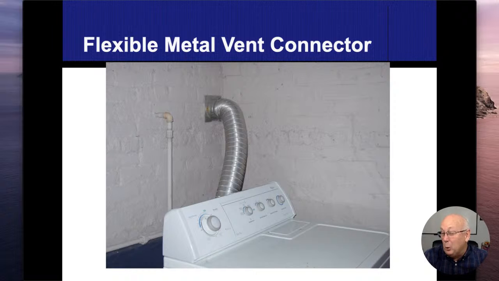So I think I'm in the minority with it. But again, we're all entitled to our own opinions. The foil ones, they are UL listed, so they are tested and proven to work with all the different ones. But most of the dryer manufacturers say that we don't want those foil things on our dryers. So they're the ones that say it's not a good idea.